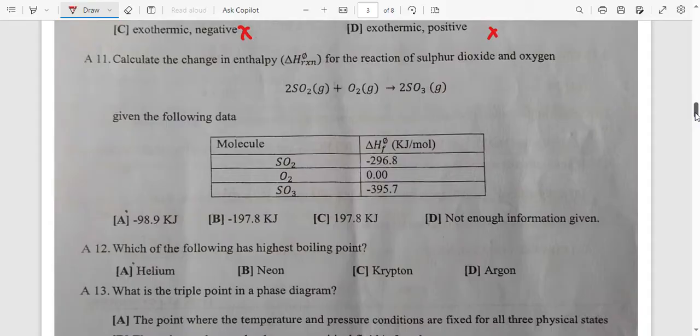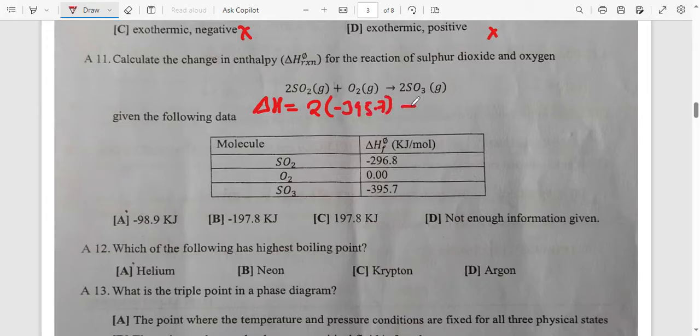11. Calculate the change in enthalpy for the reaction of sulfur dioxide and oxygen. They've given us the reaction here. Change in enthalpy is given by the enthalpy of the products. Look, on the product side you have got sulfur trioxide, two of them. So I'm going to say 2 times the sulfur trioxide, and that is negative 395.7.